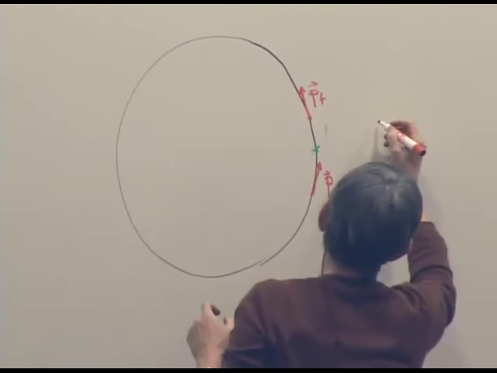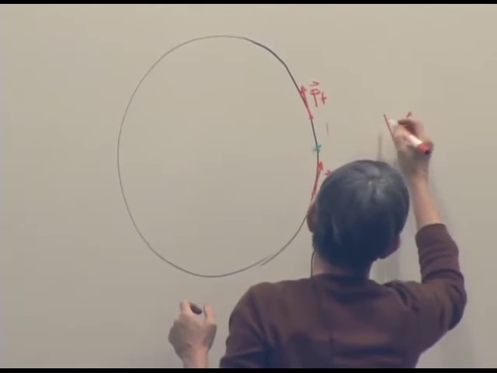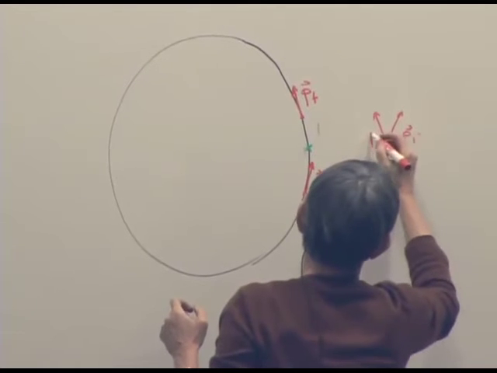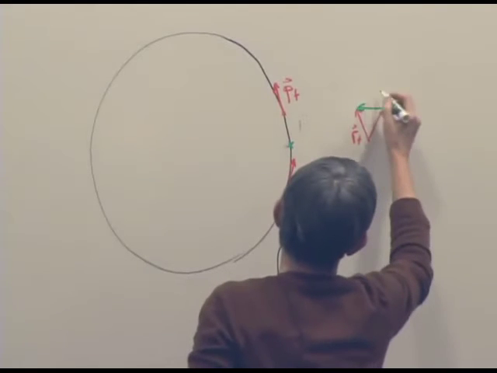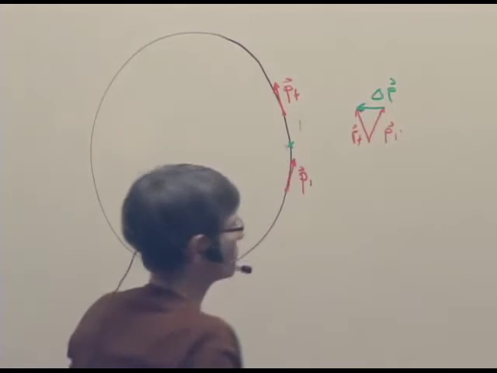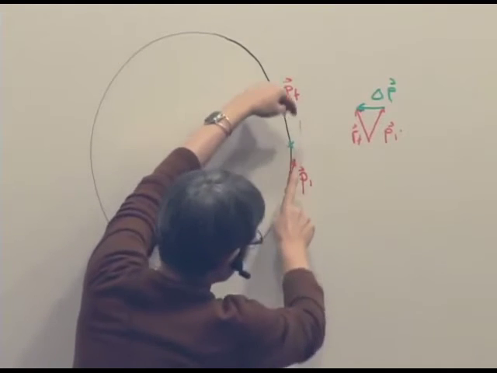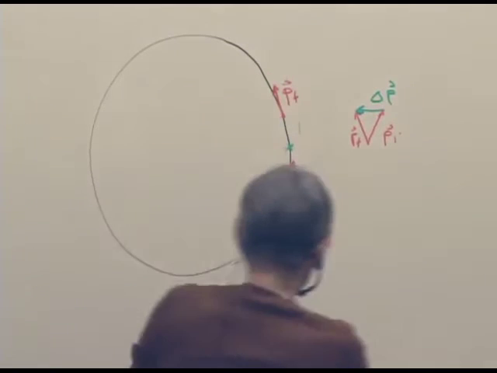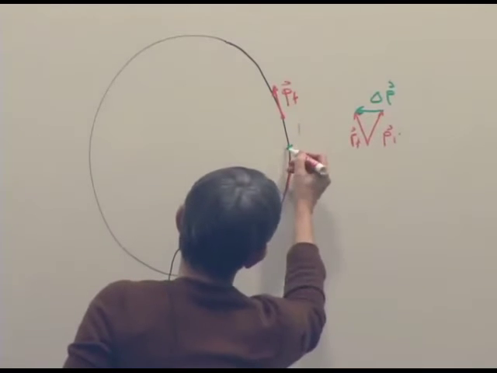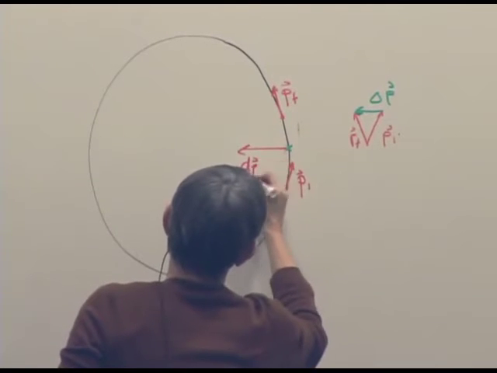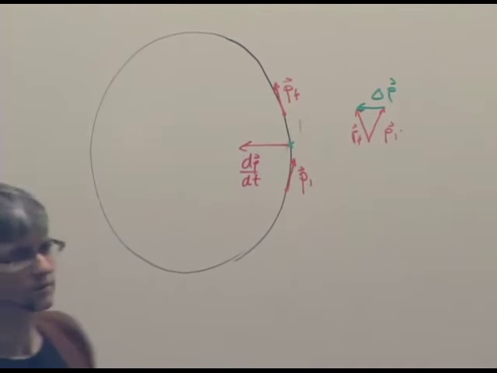Then to get delta P, we have to put these vectors tail to tail, and we find that delta P is inward. As we take these closer and closer together, we still get the same answer. So in fact, the direction of dp dt is indeed toward the center of the circle.